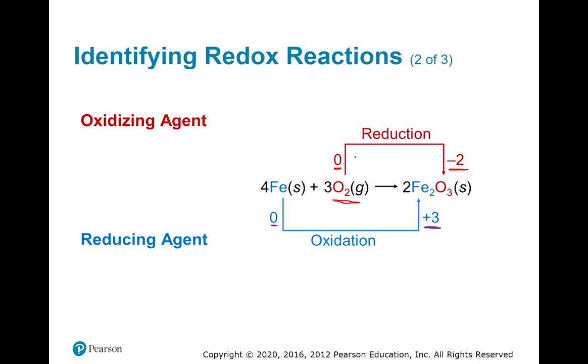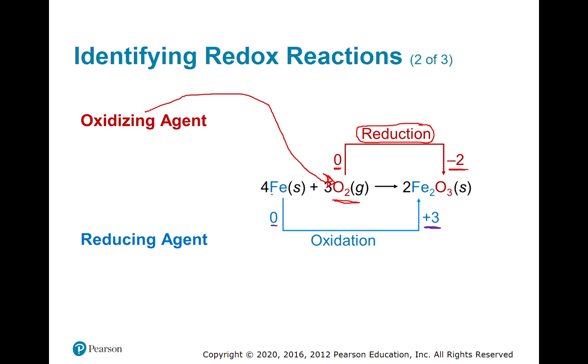So if we look at oxygen, highlighted here in red, this starts off at an oxidation number of 0 and goes down to -2. So the oxidation number decreases and is therefore reduced. So oxygen undergoes reduction, and since it's undergoing reduction, it causes iron to be oxidized, and so the oxidizing agent here is oxygen, O2, is our oxidizing agent.